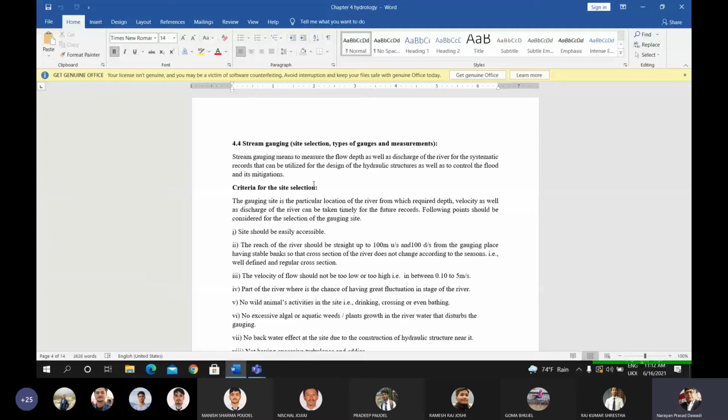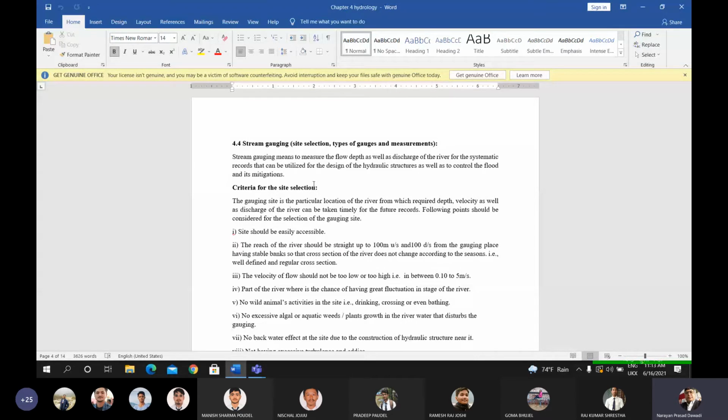There is no deposition of sand particles or any other riverbed materials along that site. So that site must be free for measurement of the parameters of depth, velocity, and discharge.